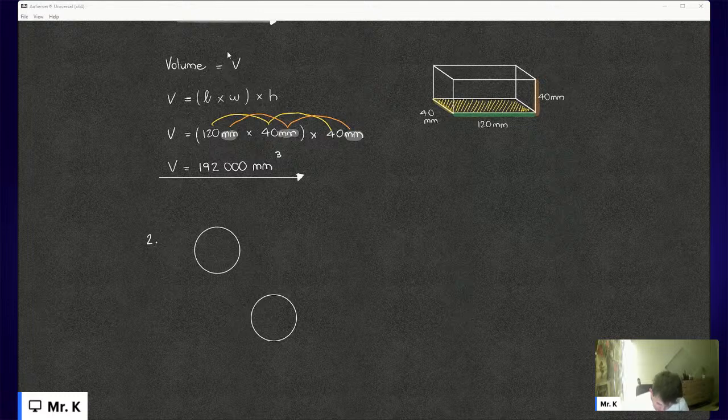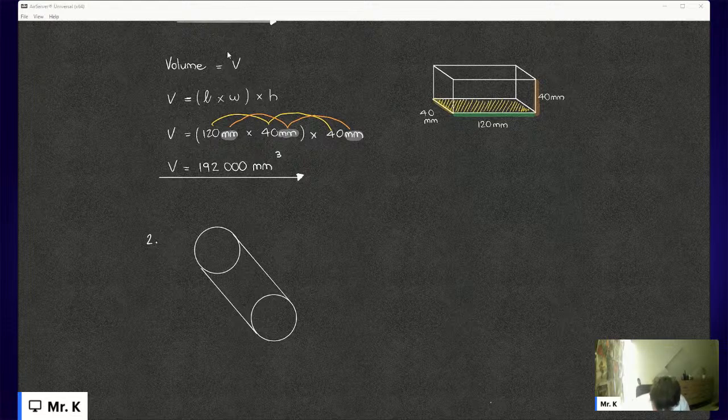Right, let's talk about a cylinder, grade 9s. One of the more irritating shapes to come across, no doubt, in a test or an exam. Please, guys, just take note that these drawings are not going to be absolutely perfect.